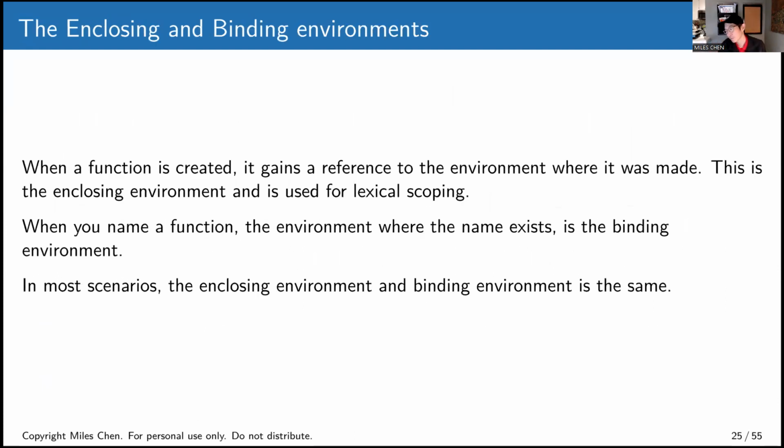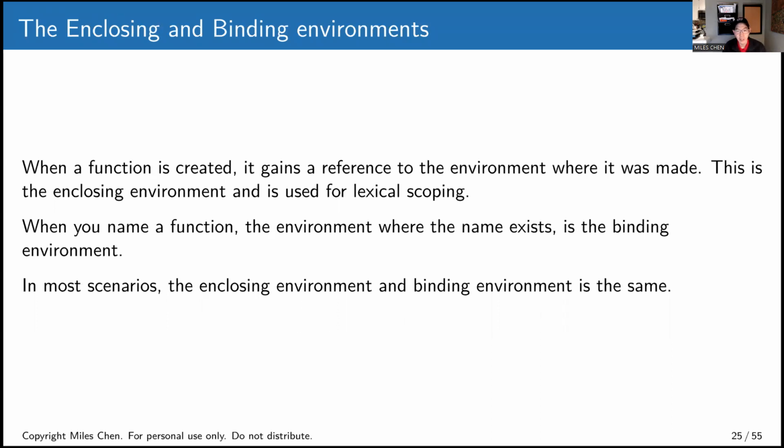Okay, so here, this is what I wrote. When a function is created, it gains a reference to the environment from where it was made. This is the enclosing environment, and that's how we do lexical scoping. When you name a function, the environment where the name exists is the binding environment, all right? And so most of the time when you're writing functions, the enclosing environment and the binding environment are going to be the same.